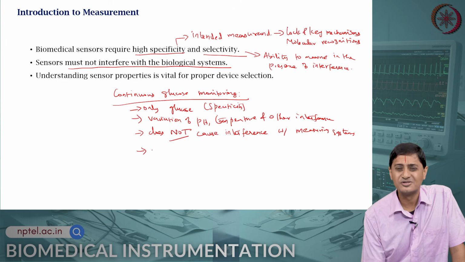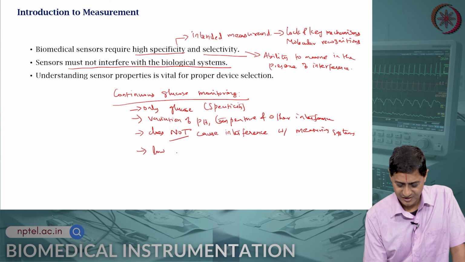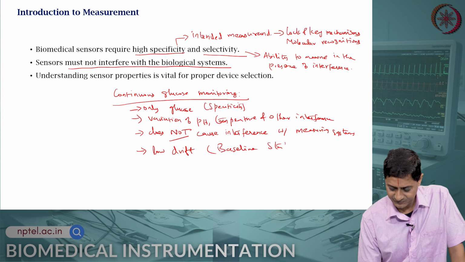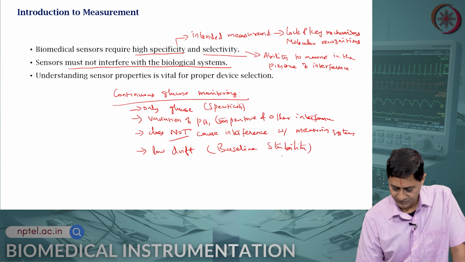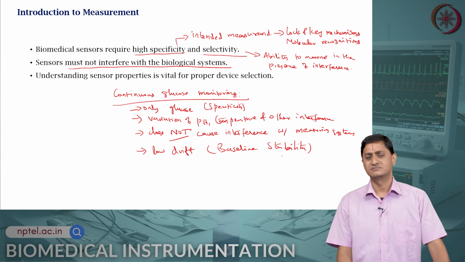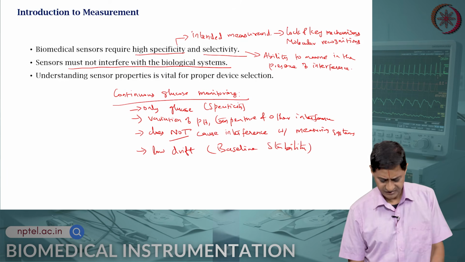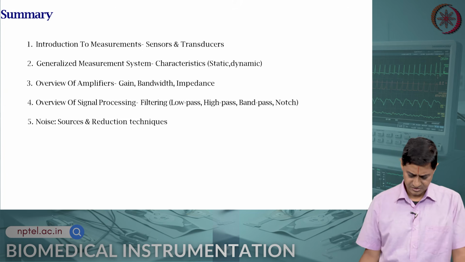And it should not have drift, that is, it should have what is called baseline stability, very, very critical. These are some of the considerations while you are measuring this, right.